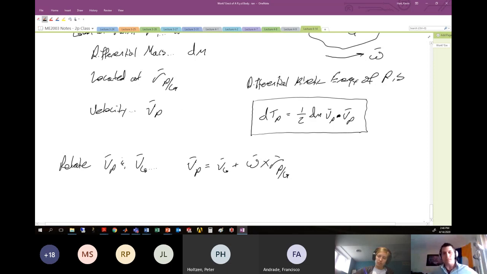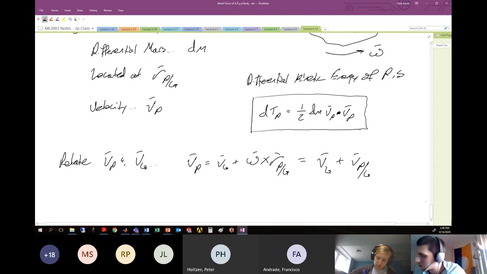Right? This might more easily be written, and we'll sort of write it in this way for now, is that this is the velocity of G plus the velocity of P relative to G. All right, so this is kind of our general setup.